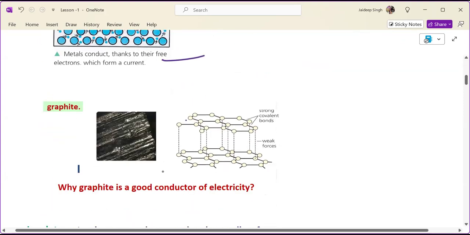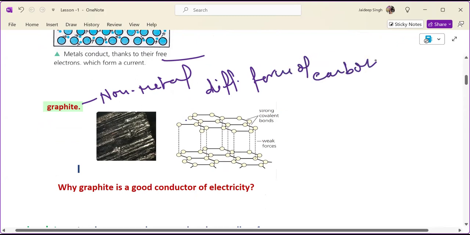Look at the structure of graphite. It is also a good conductor of electricity, although it is a non-metal. It is a different form of carbon, an allotrope of carbon.